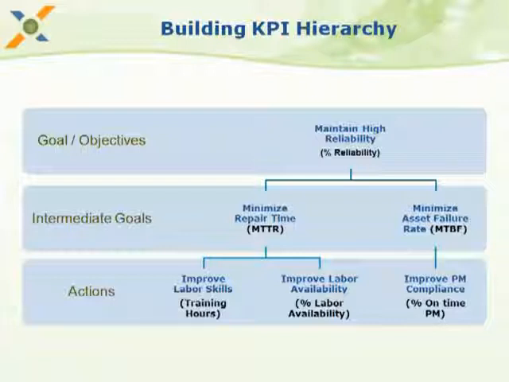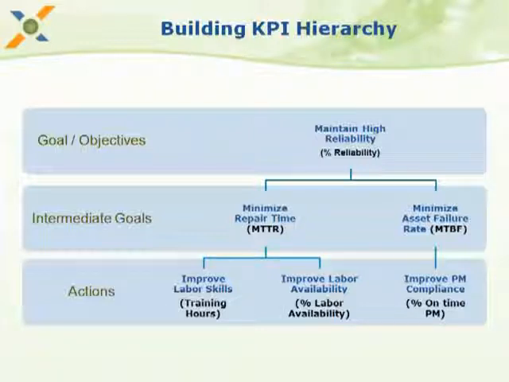As everybody knows, what we can control is what we can manage. So in this case, let's look at what actions we can take to minimize MTTR, and what actions we can take to minimize the number of failures, that is, to improve MTBF.